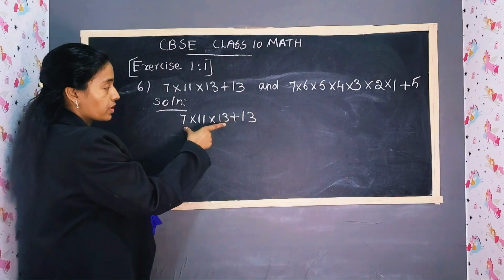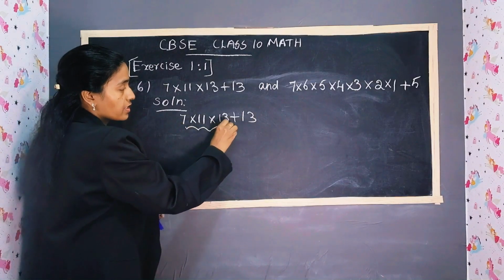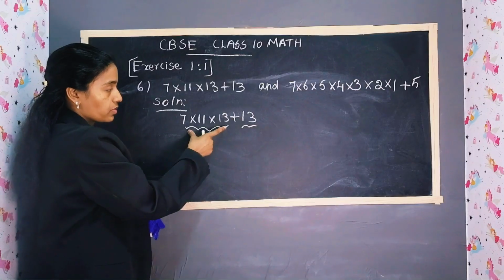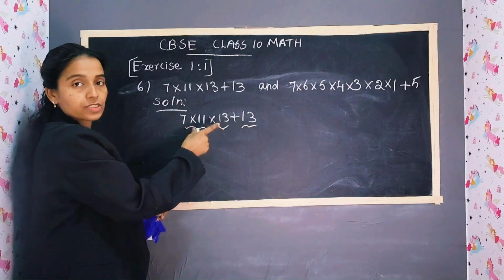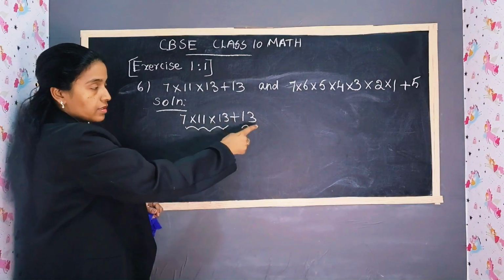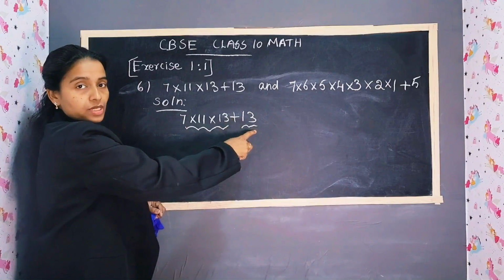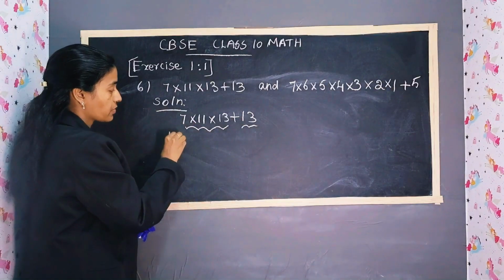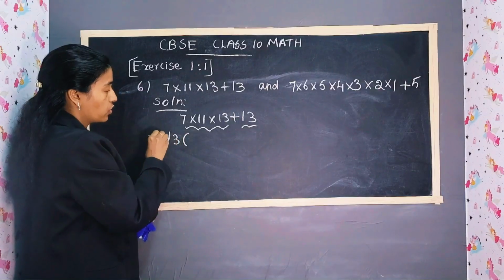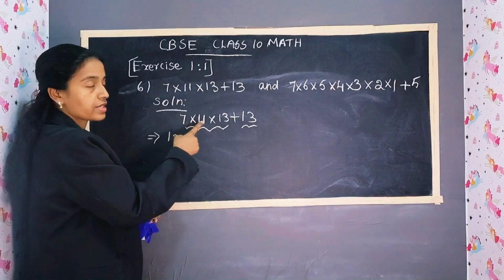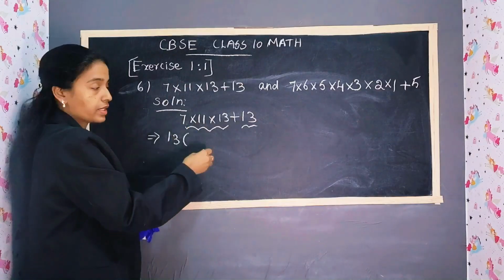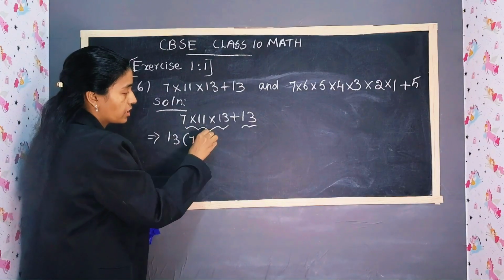So we can consider this as one term, this as one term, right? Here we have the common number 13, here 13 and also here 13. So I can take 13 outside. If I am taking 13 outside, what would be inside? 7 and 11. Already I have taken 13, so 7 into 11 would be coming inside.